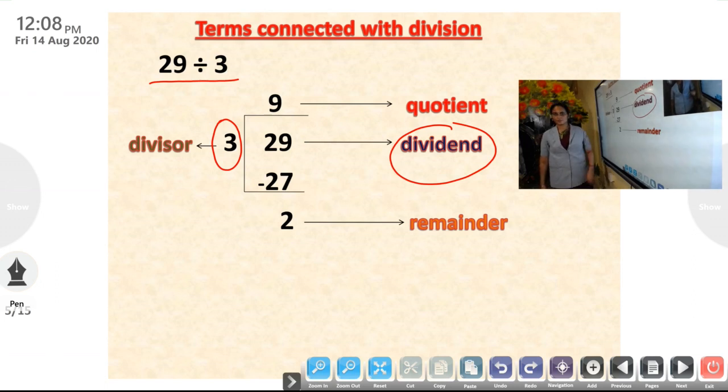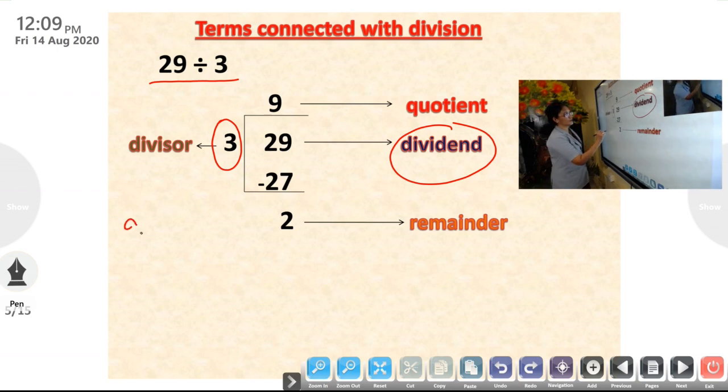Now let us do division. 29 divided by 3, you know that to find the answer, we have to say the table of 3. So you should be thorough with multiplication tables, isn't it? 1 3 is 3, 2 3s are 6, 3 3s are 9, 4 3s are 12, 5 3s are 15, 6 3s are 18, then 9 3s are 27.